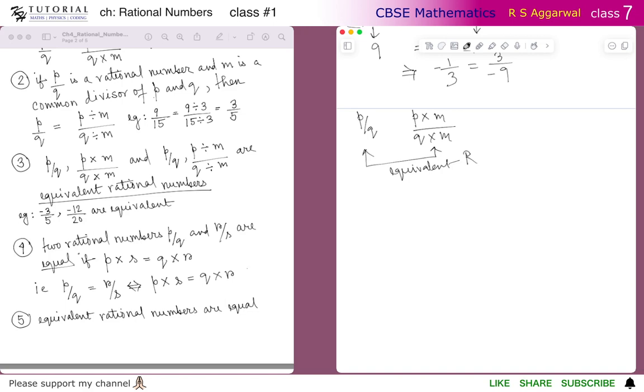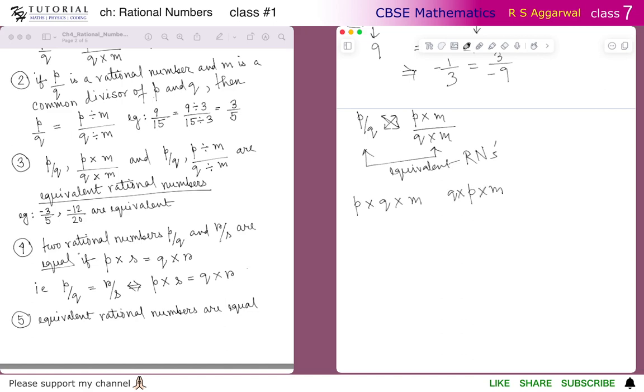To check whether these two rational numbers are equal or not, we do cross product. This becomes p into q into m, and the other product becomes q into p into m.